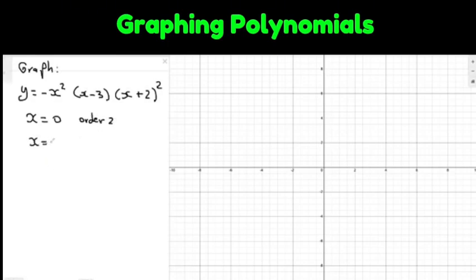And x equals 3 from here, and that's order 1. Sorry, I meant to make this 3 right here instead, okay? And we have x equals -2 from here. That's the 0, and that's order of 3.